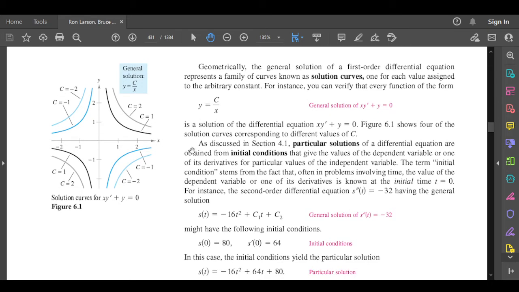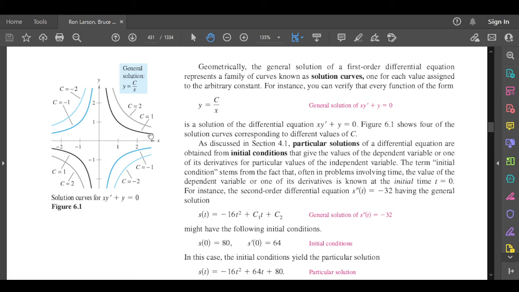And then, as said here, the general solution represents a family of curves known as the solution curves. So if this is our general solution, as you can see, for any value of c, there is a specific graph or curve.